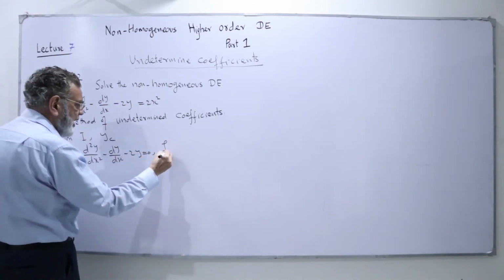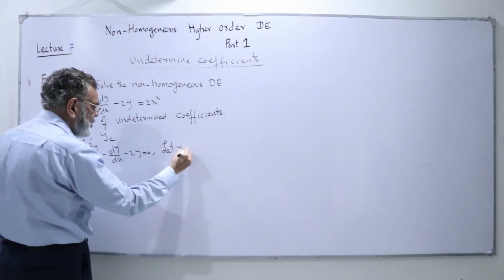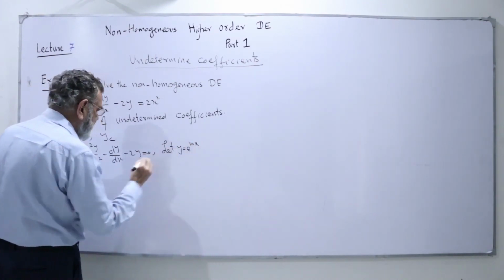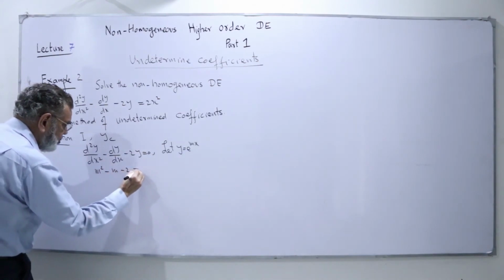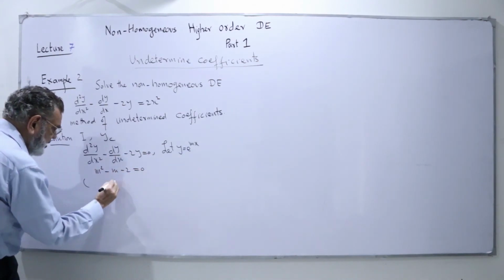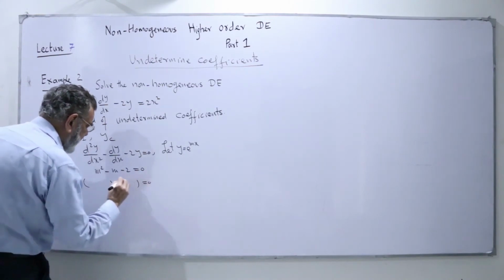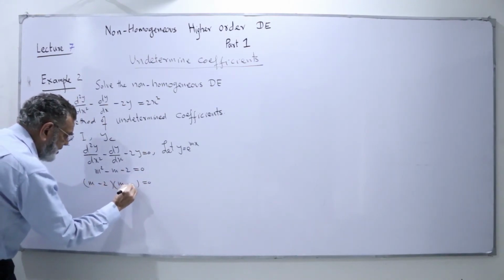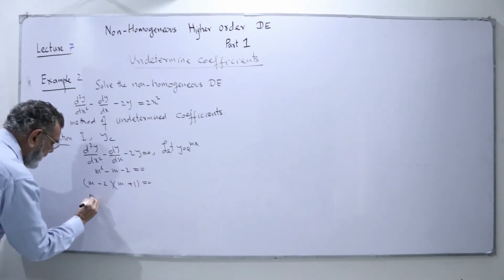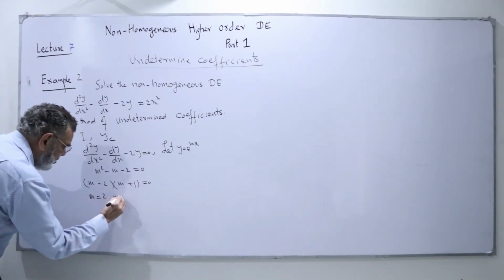Now our substitution as before, to find the characteristic equation, e to power mx. We put this in, we get m square minus m minus 2 equal to 0. We write the factors. Multiply, we get minus 2, add, we get minus 1, so m minus 2, m plus 1 equal to 0. We get the roots, m equal to 2, m equal to minus 1.